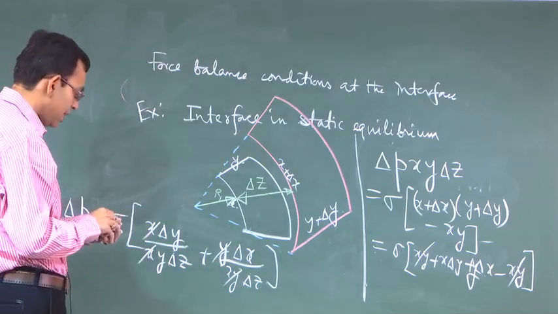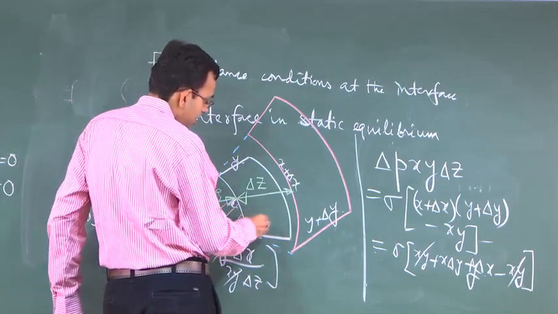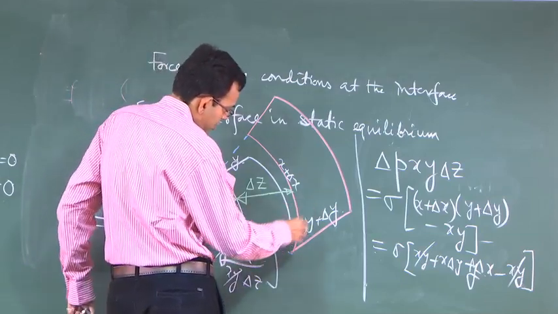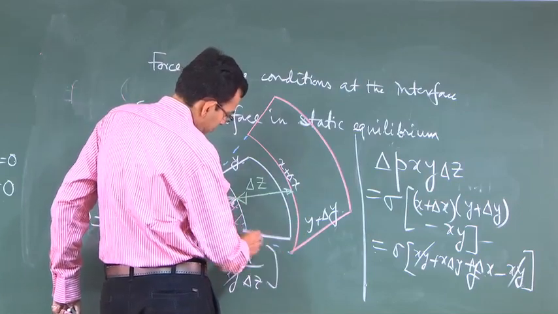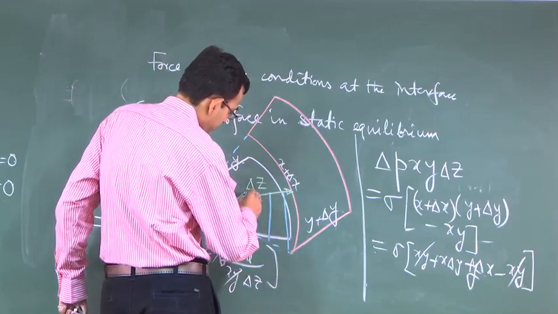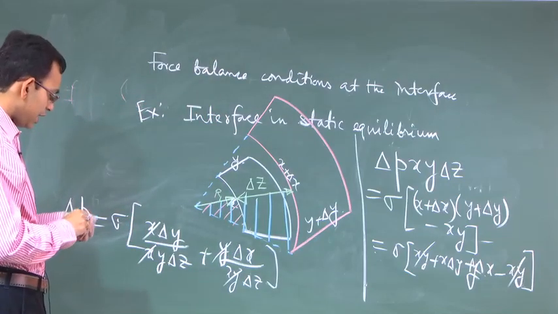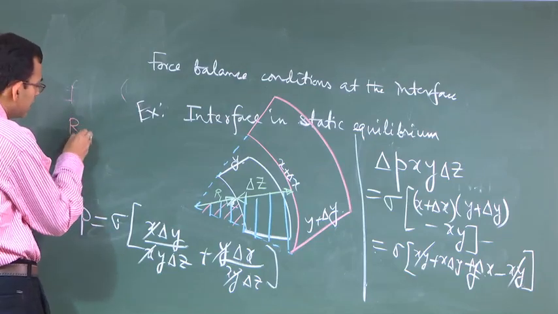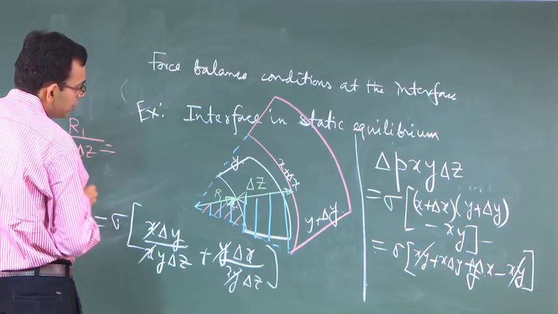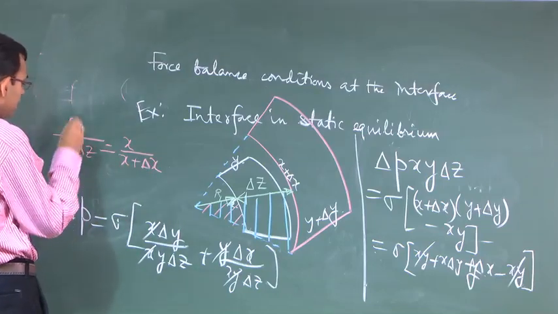Now from similar triangles, I will just quickly tell what are these triangles for which we are talking about the similarity. This small triangle and this big triangle. From the similarity of these two triangles we can write R1 by R1 plus delta z is equal to x by x plus delta x, simple ratio proportion.